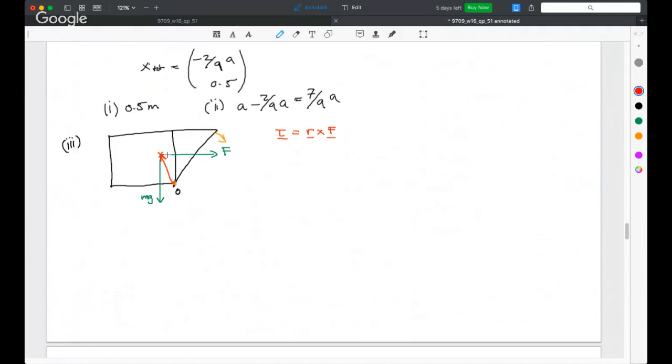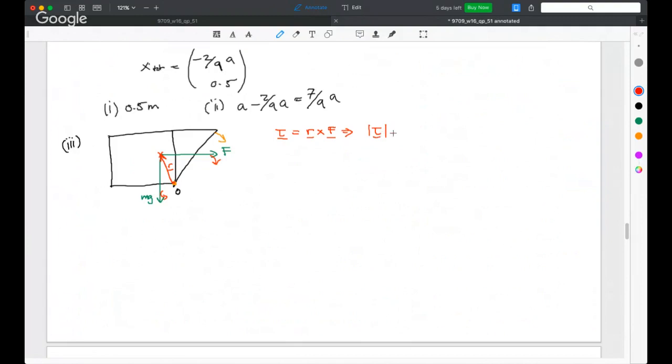The forces here are all acting at the center of mass, so this is r, and this is one of the F's, and that's another one of the F's, mg. In this case, we only need to worry about the magnitude of the forces, because they're all acting perpendicular to each other. The magnitude of the torque, because we're just talking about one torque going that way, because this one's forcing it to turn that way, whereas this one is asking that it turns the other way.